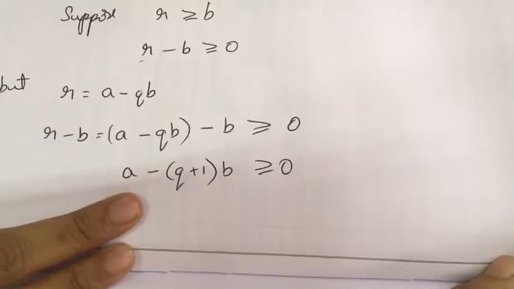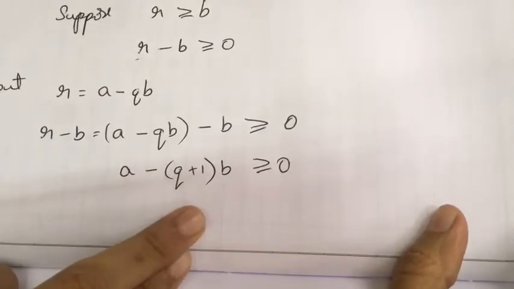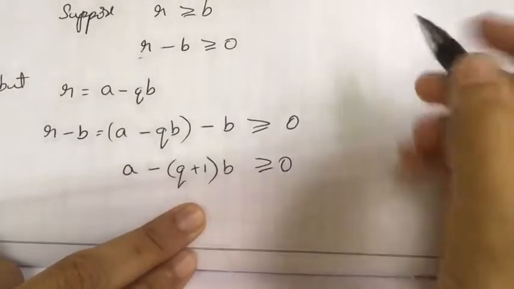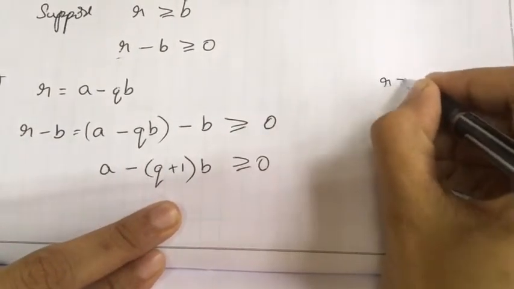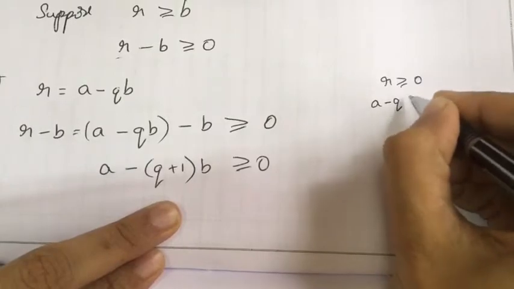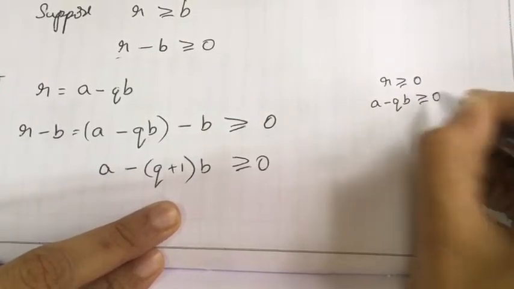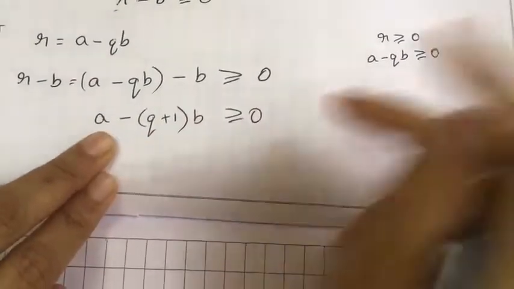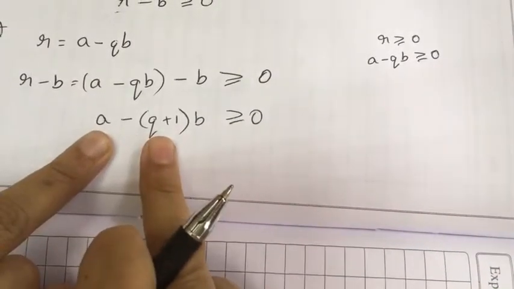Right. But the thing is, R is greater than or equal to 0, right? What is R? R is A minus QB. This is greater than or equal to 0. Now it is saying even this is also greater than or equal to 0.